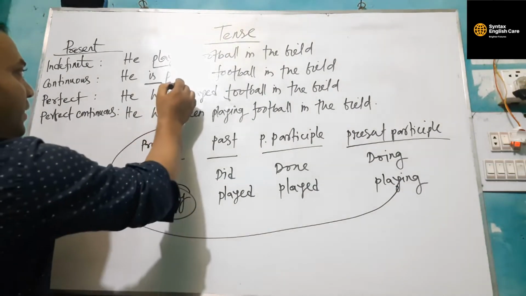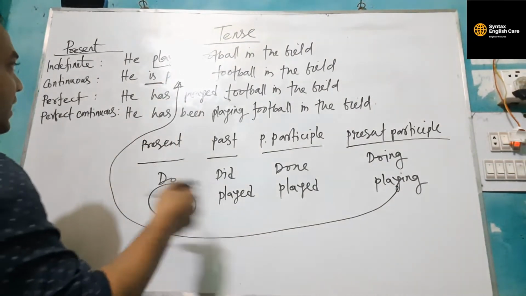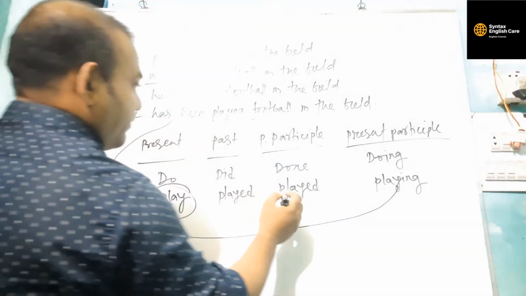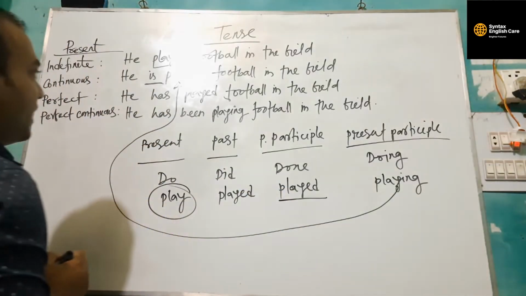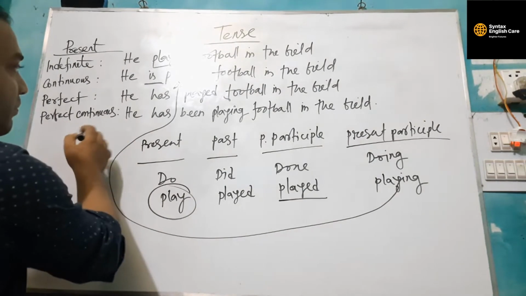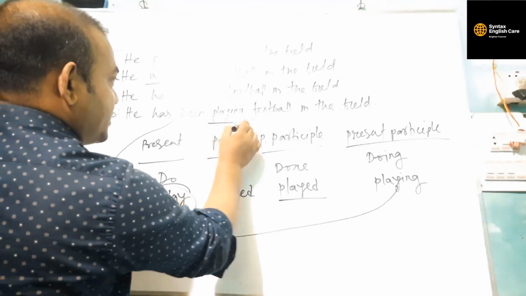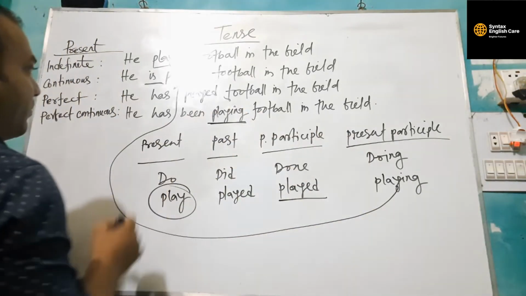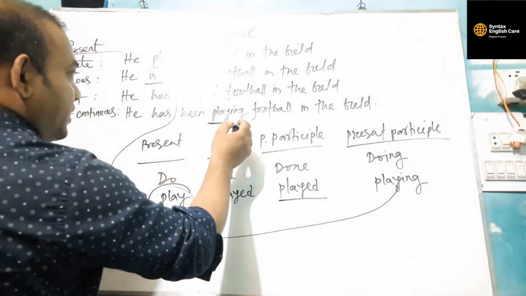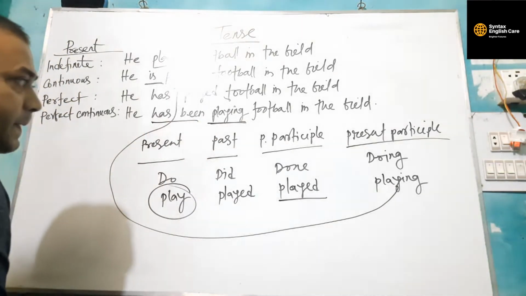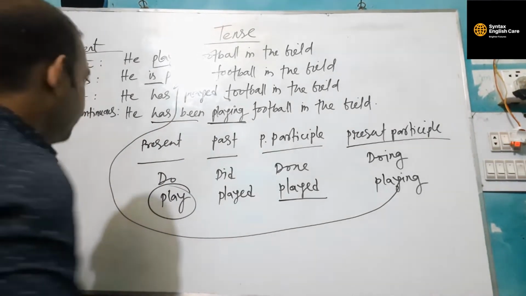Okay, and in case of present perfect, we used here the past participle form. And in case of perfect continuous, we also use the present participle form, and ing will be added with the principal verb, and these are the auxiliary verbs. Okay, hopefully you understand it.